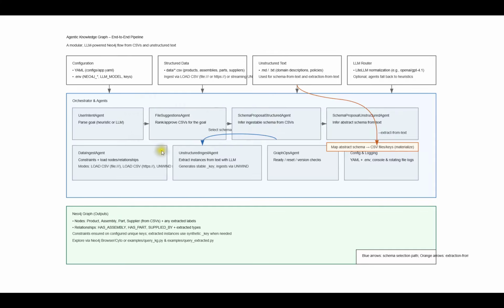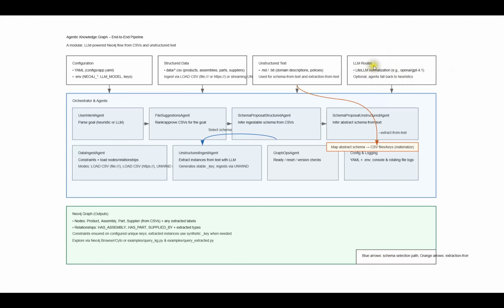So the full pipeline can be fully heuristic, fully deterministic, and in case we decide via parameters, and obviously we have the correct API keys in our environment, you can use the LLM as well.